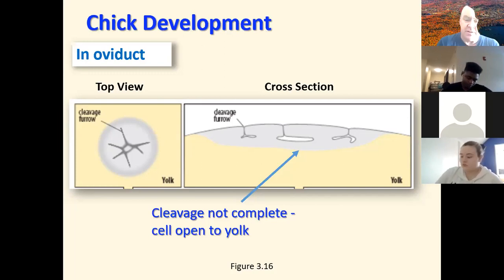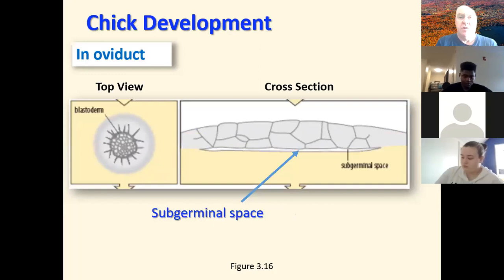Okay, so the next stage then, the cells start to complete themselves. So you've got individual cells, and you get the formation of this subgerminal space. So germ is always like the cells that are growing. So this is underneath those cells. So subgerminal space. And this is really important. This will start to get us into the embryo proper here.